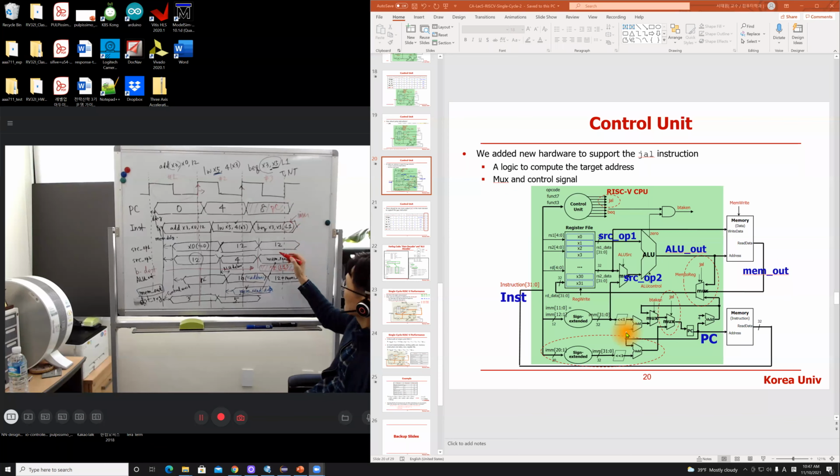So after the add, the branch destination. If you add these two, then after some delay, the branch destination will be available. Then at the rising edge of the clock, the program counter PC will be updated with this branch destination.